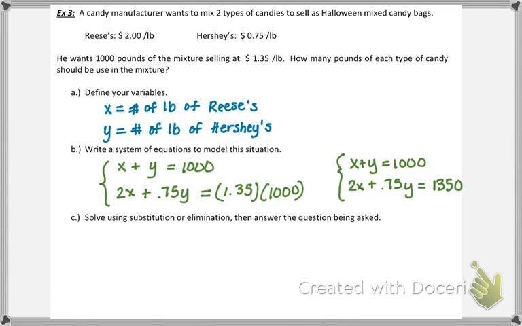So I'm going to go ahead and do elimination. I'm going to multiply the top equation by -2. Then I can eliminate my x's, and you can use your calculator if you want with the big numbers and the decimals. So that's going to give me -2x minus 2y equals -1,000. And then my second equation stays the same.